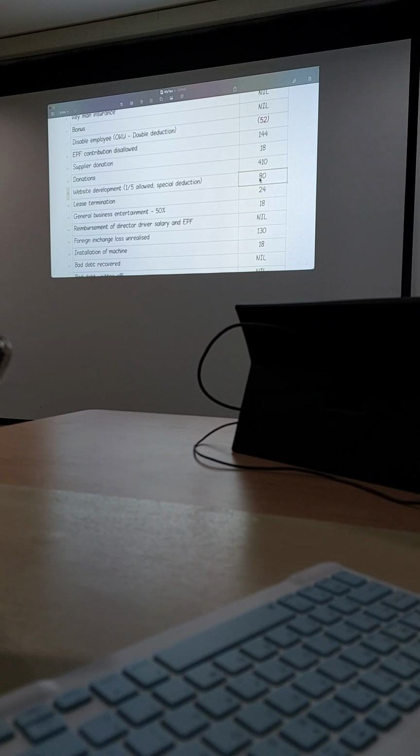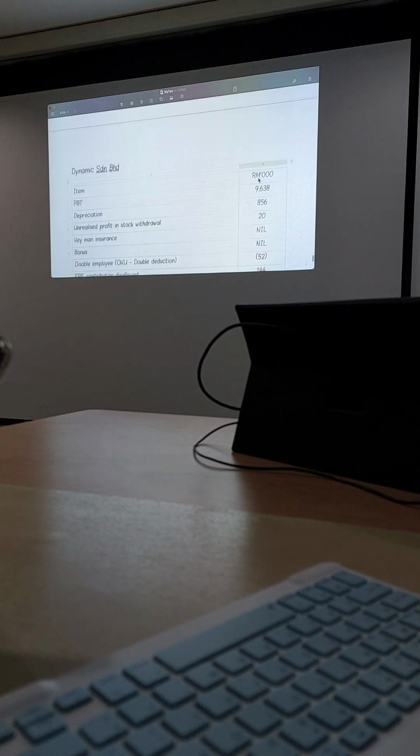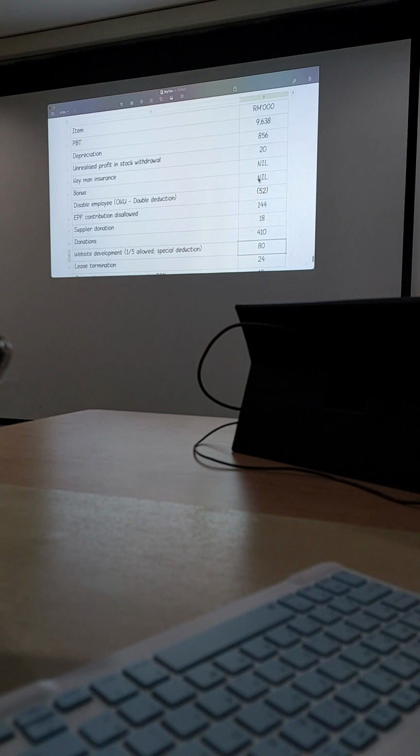Got it? Understand now? When we say calculation, it's like the one you did for the EPF. EPF disallowed, this one has calculation. This one you can show. Maybe I might give 2 marks for this, 1 mark for the correct calculation, 1 mark for the correct positive or minus. So if there is a calculation, you can put a note and show how the calculation is done.